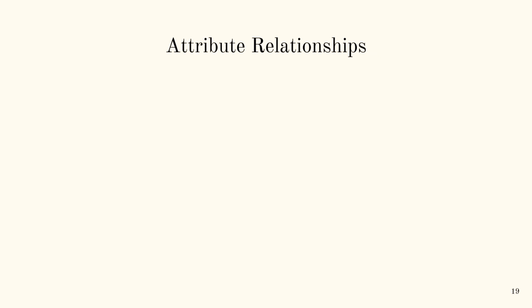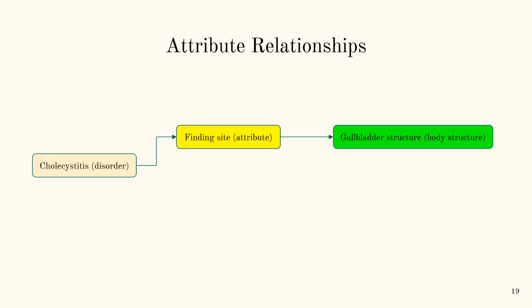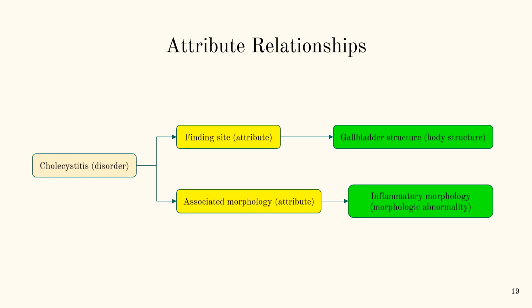The other type of relationships are attribute relationships. Cholecystitis has two: finding site is gallbladder, and associated morphology is inflammatory morphology.